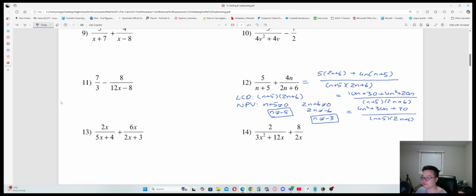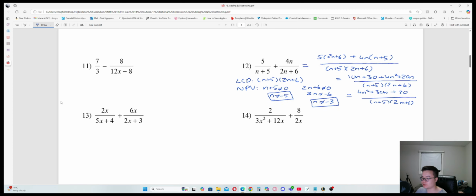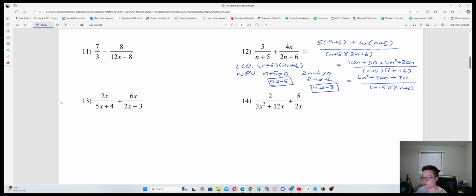So since we have 4, 30, and 30 as coefficients, I would like to solve further, which is take the 2 out to have the simplest form. So I have 2n squared plus 15n plus 15 over n plus 5 times 2n plus 6. So this will be my final answer for question 12.